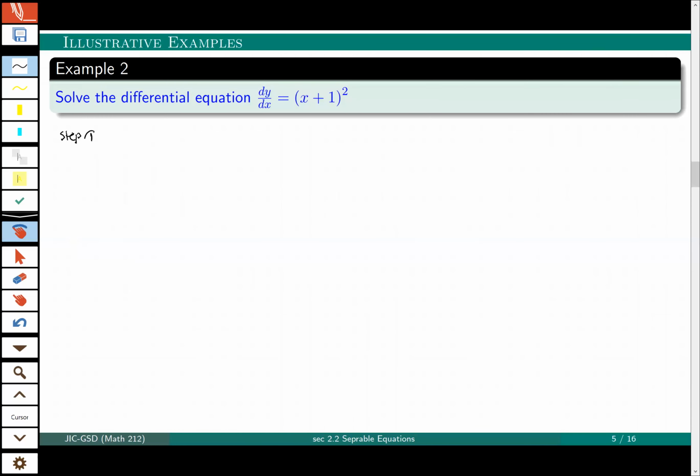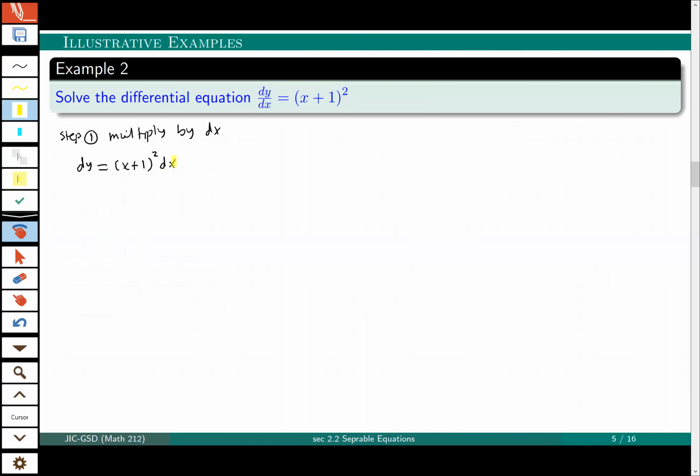Step 1, we need to multiply by dx, so you will get dy equals x plus 1 squared dx. Are they separated?